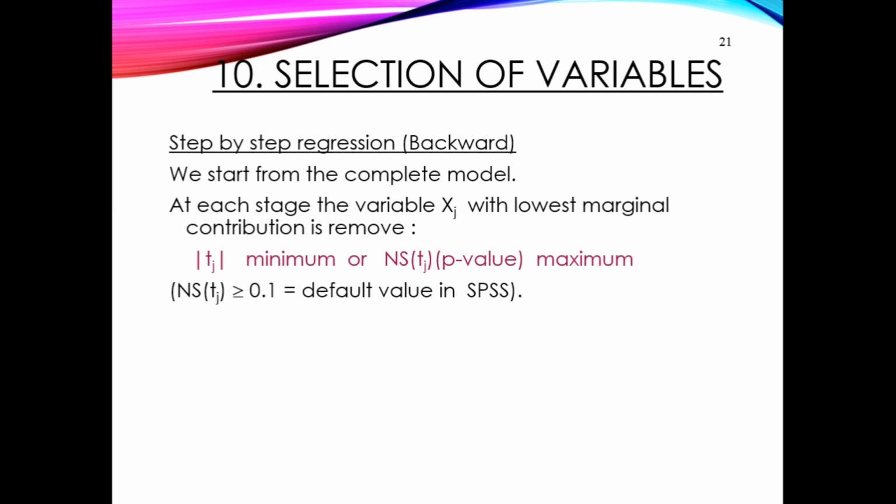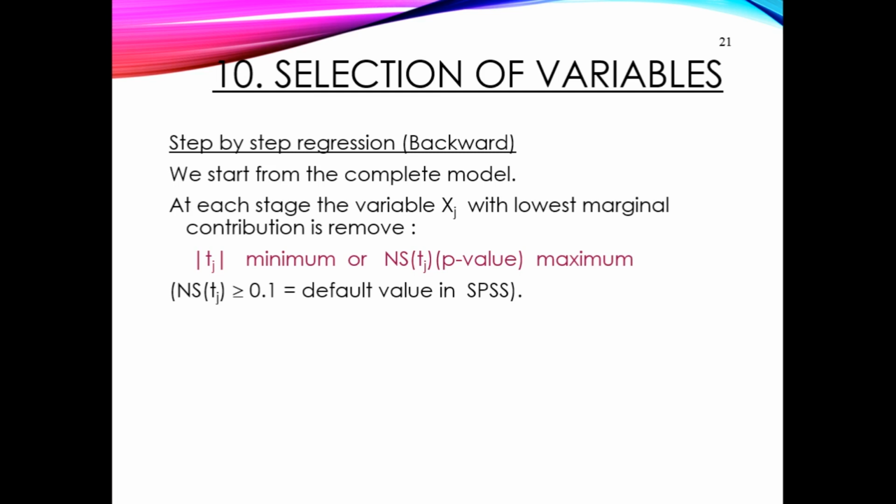At each step of the step-by-step regression, the variable that has the highest p-value will be removed, and we will re-estimate our model without the variable that we have removed.